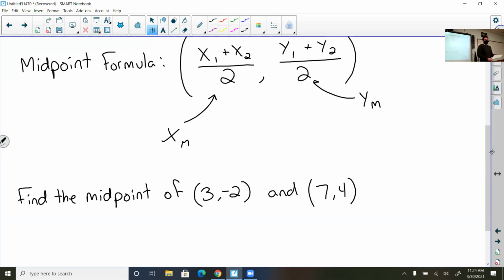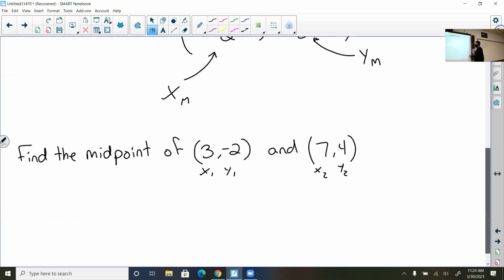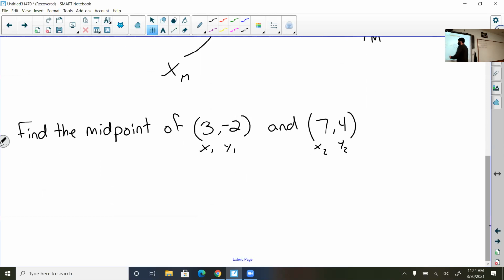If I asked you to find the midpoint of (3, -2) and (7, 4), I think it's helpful to first recognize what your x sub 1, y sub 1 are, and your x sub 2 and y sub 2. And you just take those values and find the average. So let's start off with our 3 and our 7.